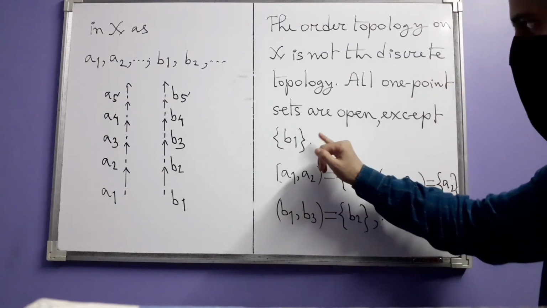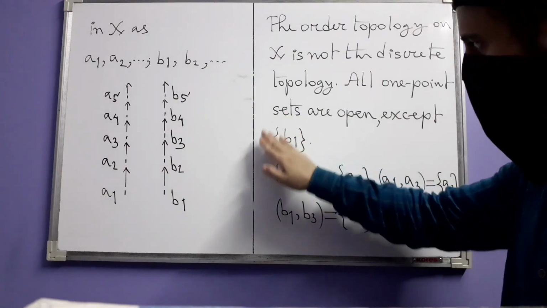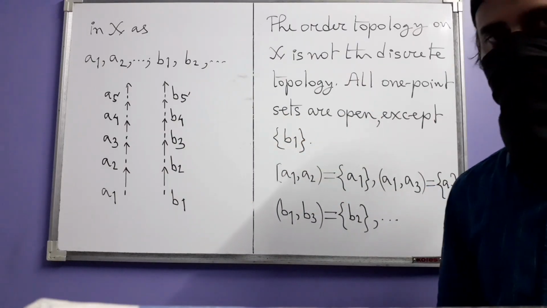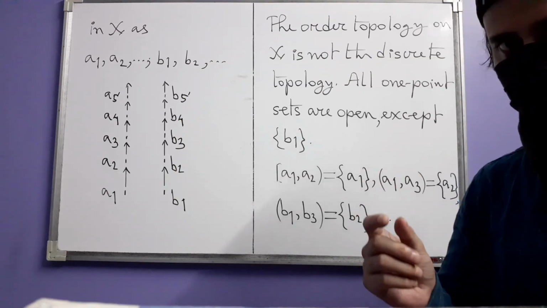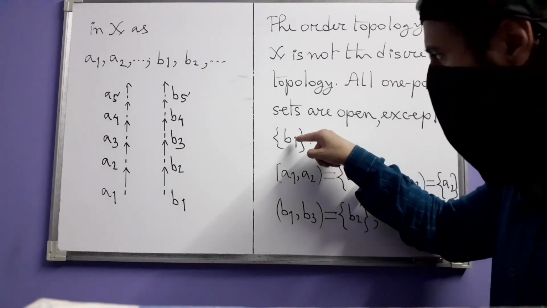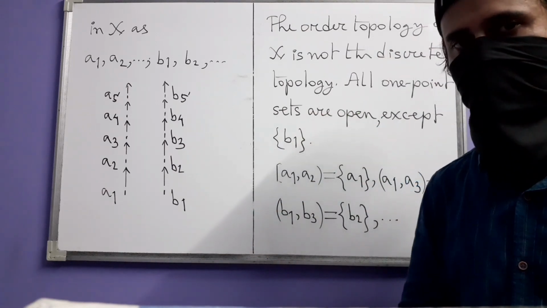Now, we are forcefully supposing that this is open. The open set is this and the point is b1. So now I have to be able to find a basis element in the order topology which will contain b1 and will itself be contained inside this open set.